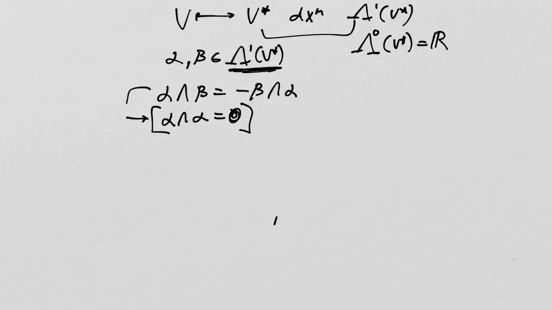And between these two things and associativity, alpha wedge, beta wedge, gamma equals alpha wedge, beta wedge, gamma, right?